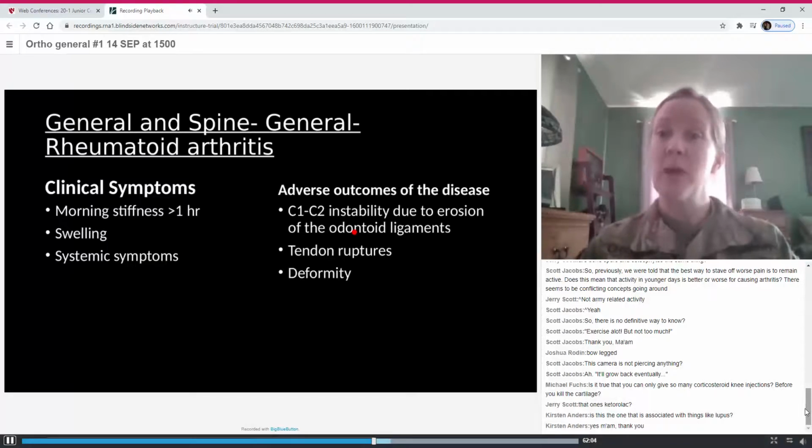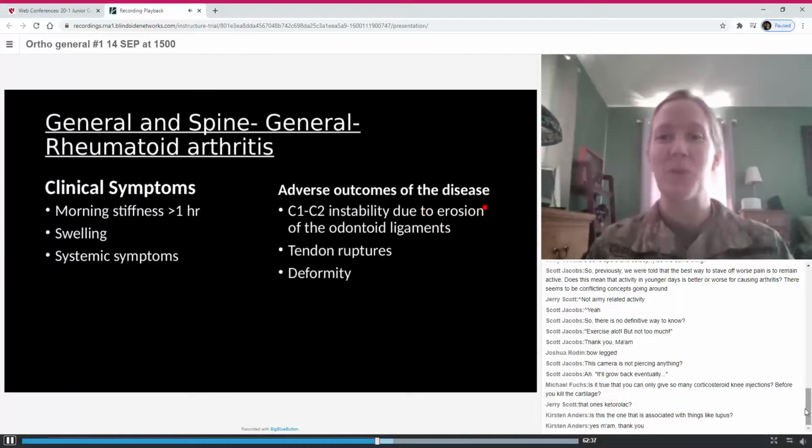So a couple things that we really worry about with rheumatoid arthritis is C1-2 instability because of odontoid ligament rupture. Remember I talked about ligament and tendon rupture in the introduction section. So this wearing of those odontoid ligaments can be a serious problem, especially for general anesthesia. You don't want to find out about the patient having rheumatoid arthritis when you have an internal decapitation because you tried to administer general anesthesia.